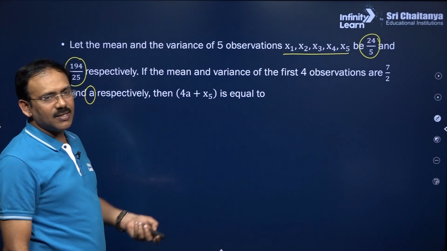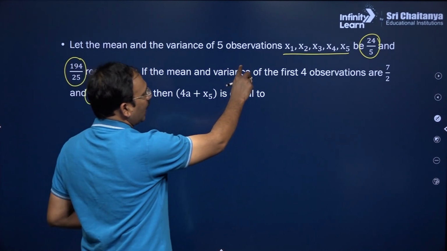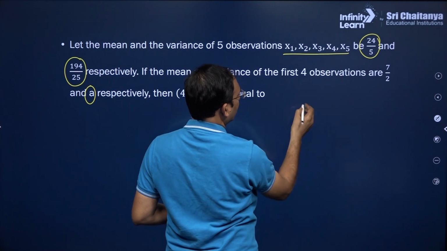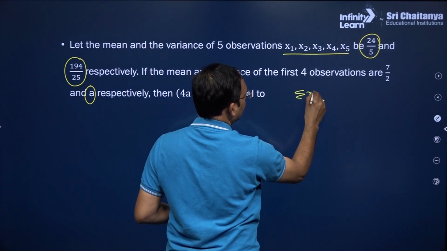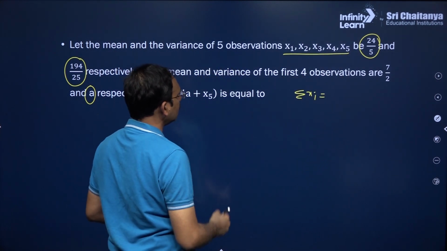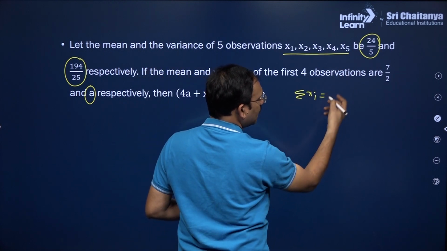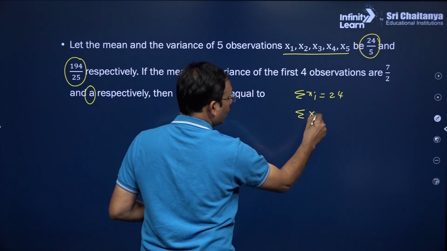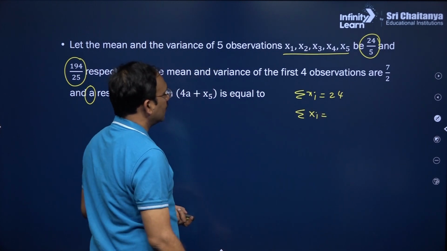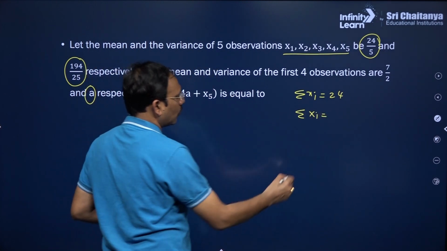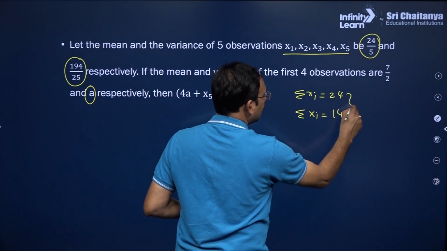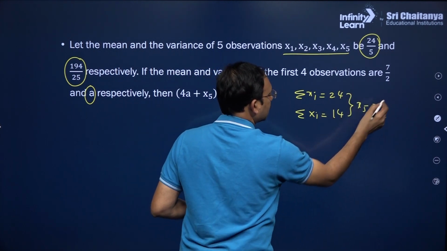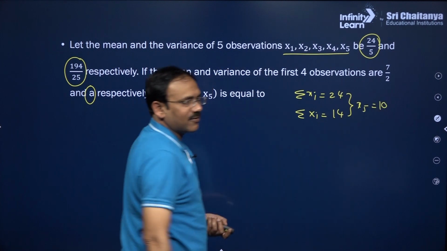Then find 4a plus x5. 5 items, mean 24 by 5 means sigma xi of the first 5 items is mean into 5, which is 24. The mean of the first 4, let me write with capital Xi, is 7 by 2, so into 4 it is 14. That means the fifth item, say x5, is nothing but 10, my dear friends.